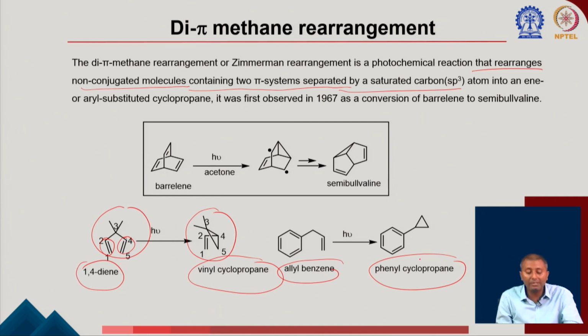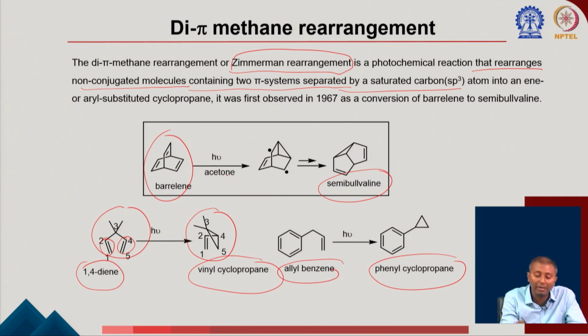This reaction is also called the Zimmermann rearrangement, because the Zimmermann group in 1967 observed this important reaction from barrelene, which in the presence of acetone under UV light converts to semibullvalene. That is a very important transformation, and this is the initial discovery of the di-π-methane rearrangement.